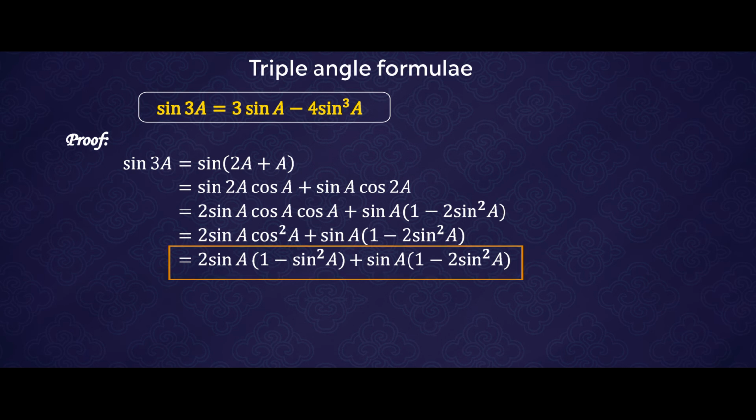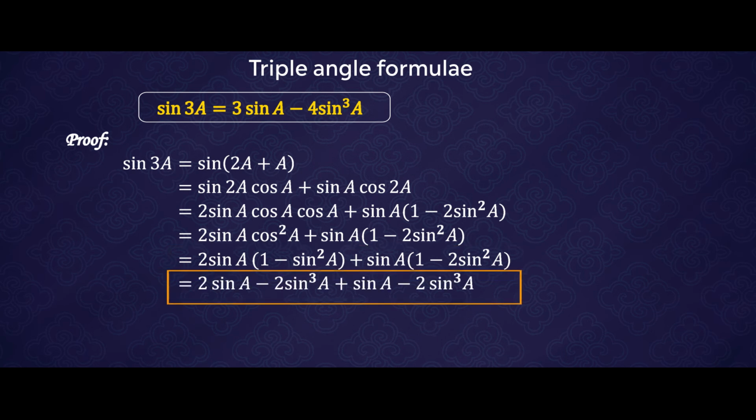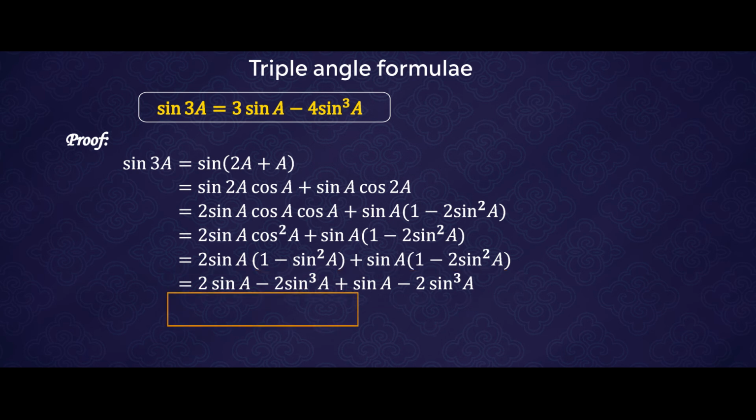If you multiply this, 2 sine a minus 2 sine cube a plus sine a minus again 2 sine cube a. Then 2 sine a plus 1 sine a is 3 sine a, minus 2 and 2 sine cube a, which are like terms. You can add them. This will be 4 sine cube a, which is equal to sine 3a. So this is the triple angle formula for the sine function.